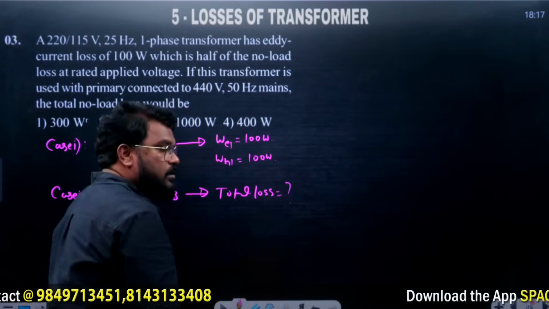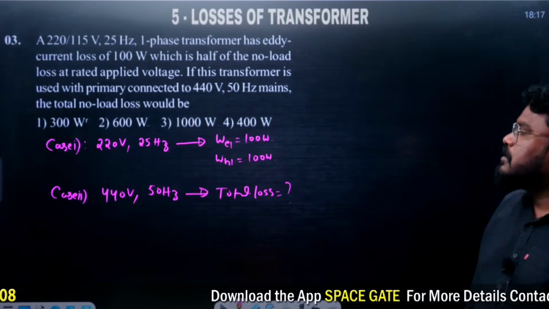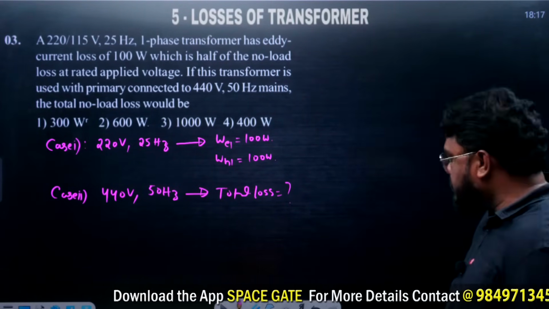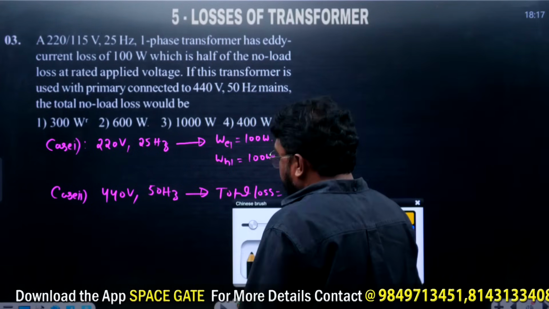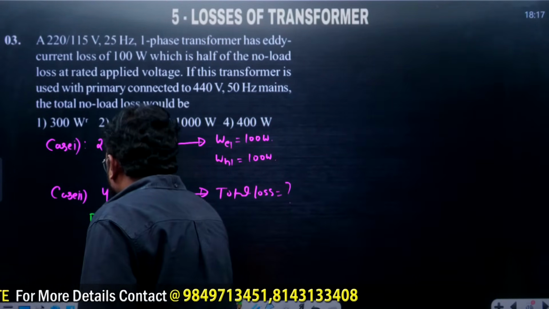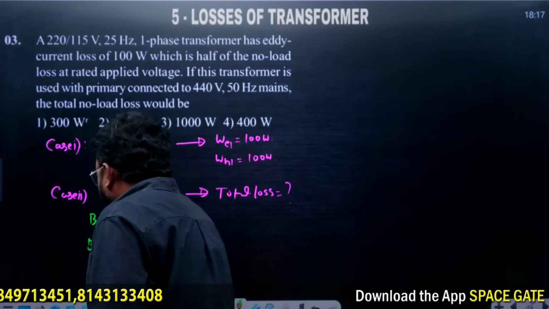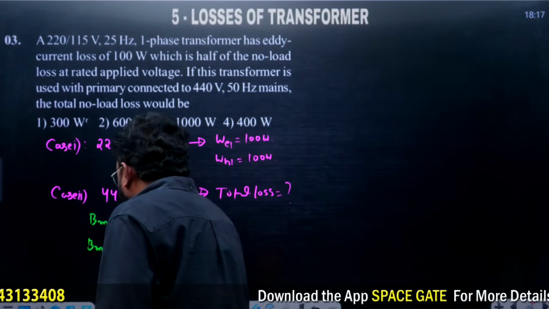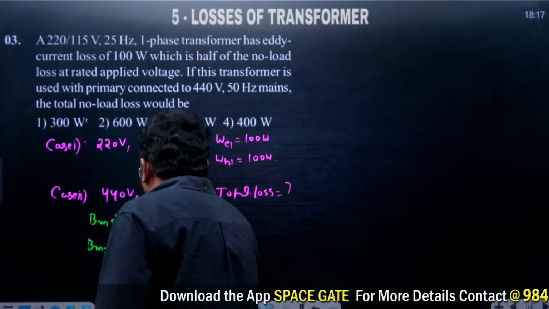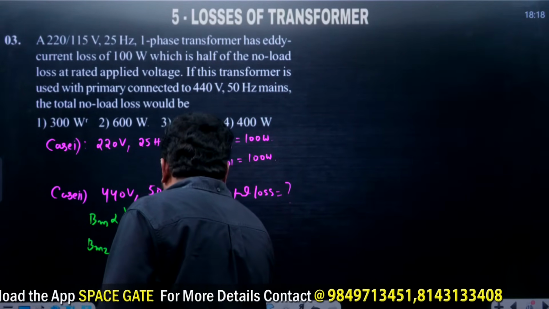Total losses is what they asked. So how to calculate the total losses of the transformer? First verify the flux density. So B maximum is directly proportional to the V1 by F ratio during operation. This you can write as B maximum 2 is equal to B maximum 1 into V2 by V1 multiplied by F1 by F2.